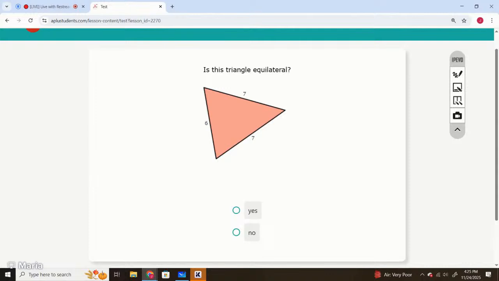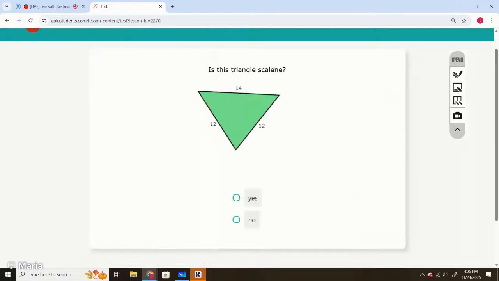Is this triangle equilateral? No, that is not an equilateral triangle.